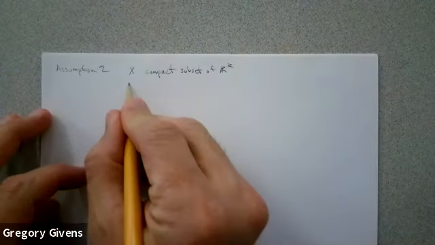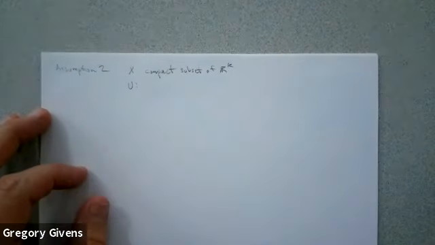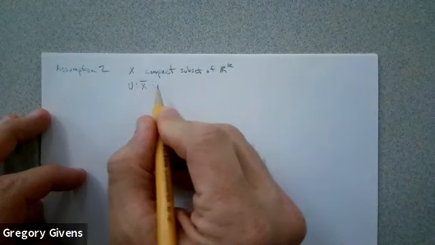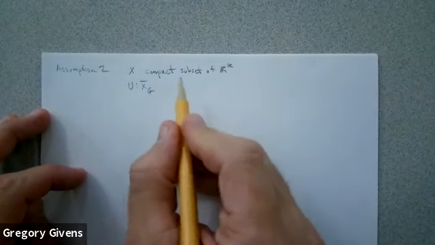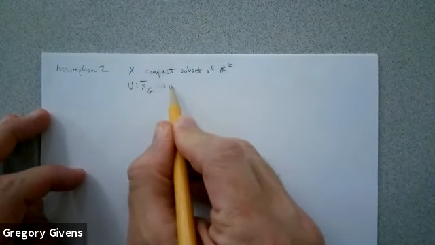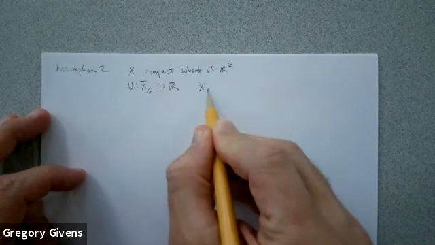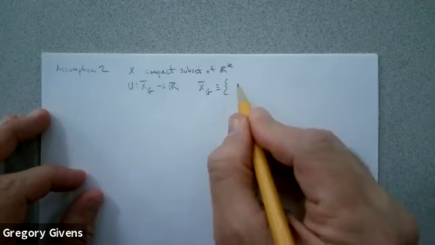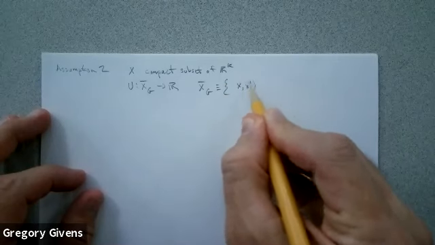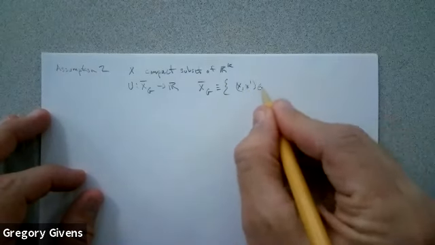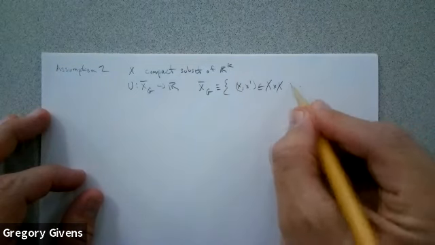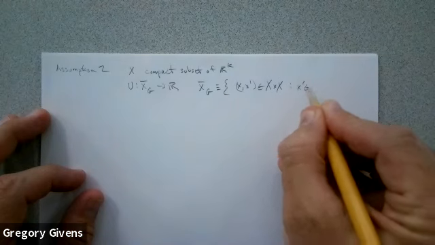The utility function, or the payoff function, is also assumed to be continuous, and it maps elements of what I call X bar G into the reals, where X bar G is defined as the set of all X, X prime pairs that are on X times X, such that X prime is feasible.